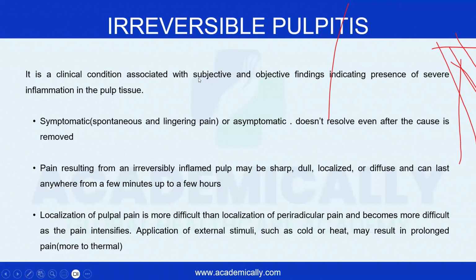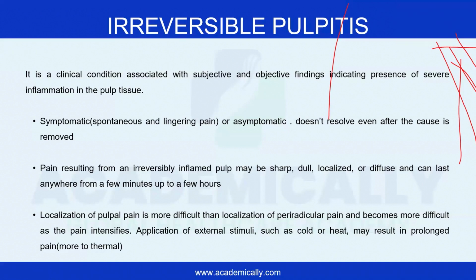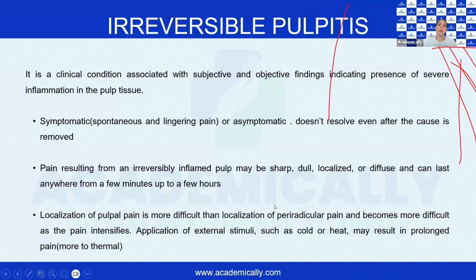Excuse me, ma'am. What if the decay has not entered the pulp but is in the superficial layer of the dentine, is it still considered reversible pulpitis? It is dental caries approximating the pulp. It will not necessarily have entered the pulp. Okay, ma'am, so it is considered dental caries and not reversible pulpitis. Usually for reversible pulpitis, a dental caries diagnosis is a must.